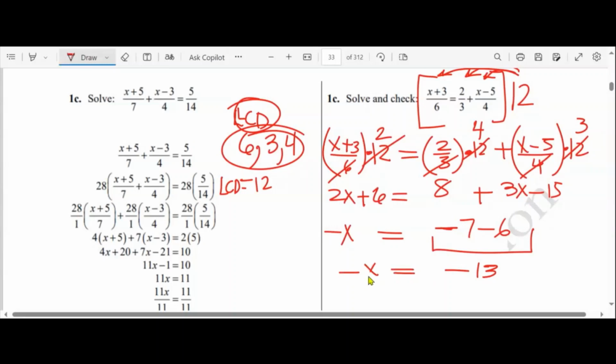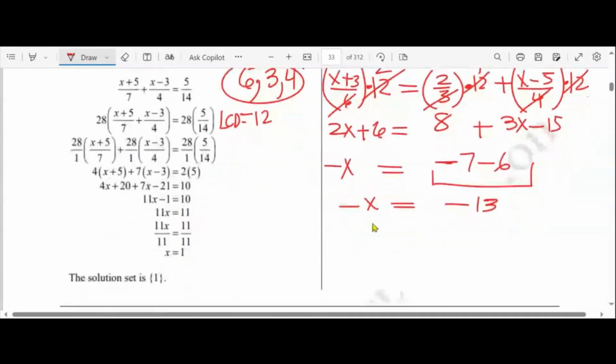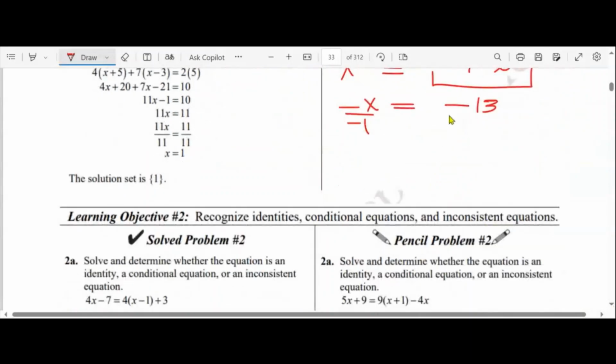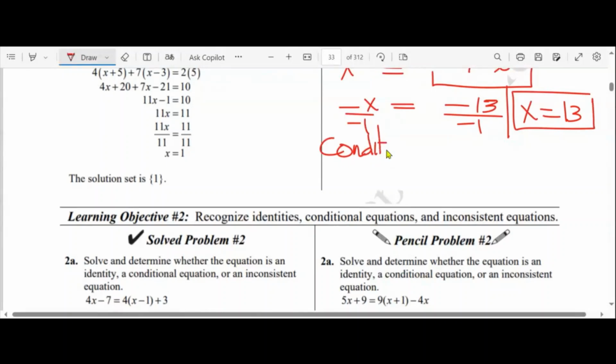Minus 13. And then you have to divide by what? Minus 1. So if you divide both sides by minus 1, x is equal what? 13. So that's conditional or not conditional? Conditional. Okay? And you need to check the answer.